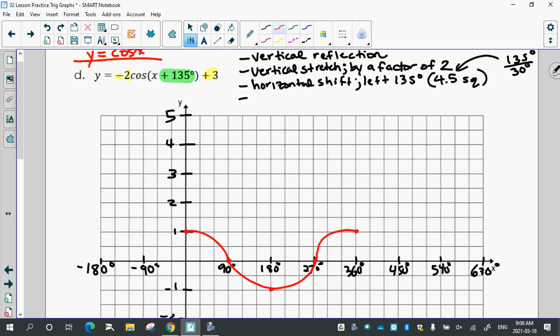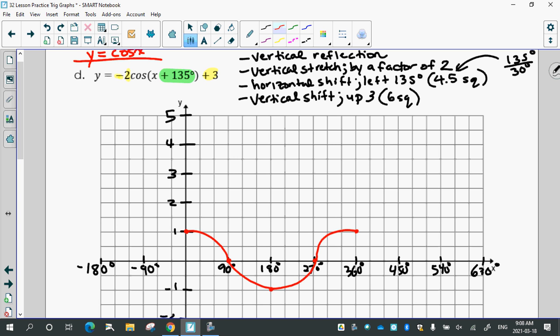And then what's the plus 3 at the end? Not in the brackets with the F. Vertical shift. Vertical shift. Up 3. Which on our scale is going to be 6 squares. Okay?